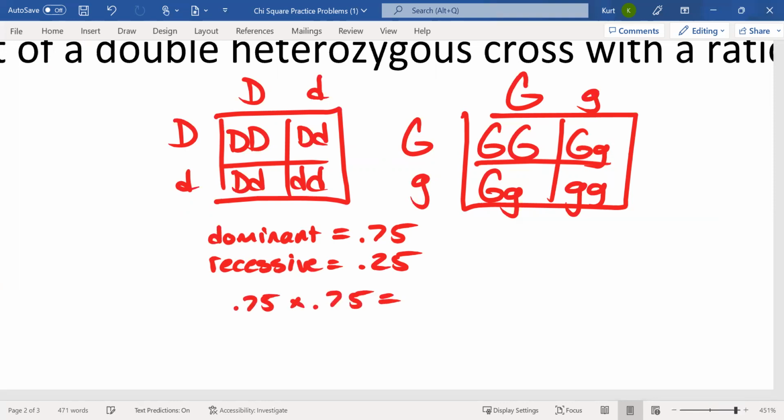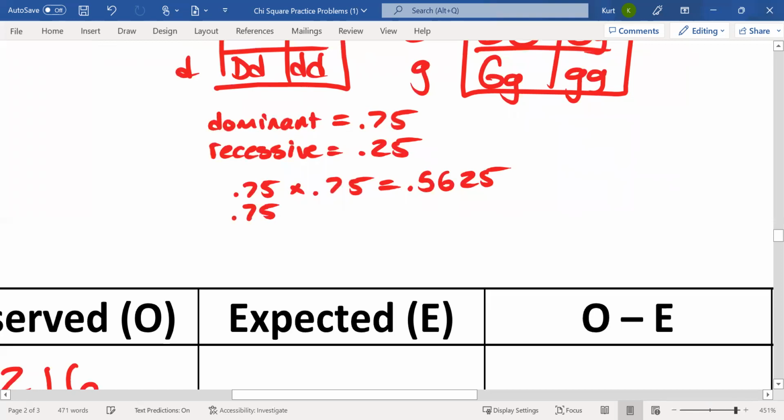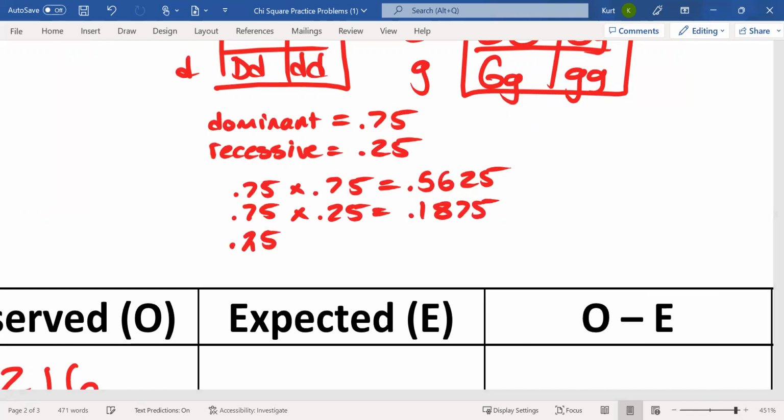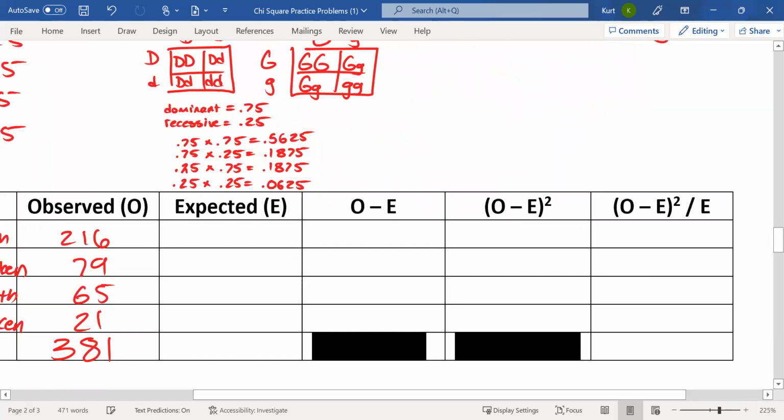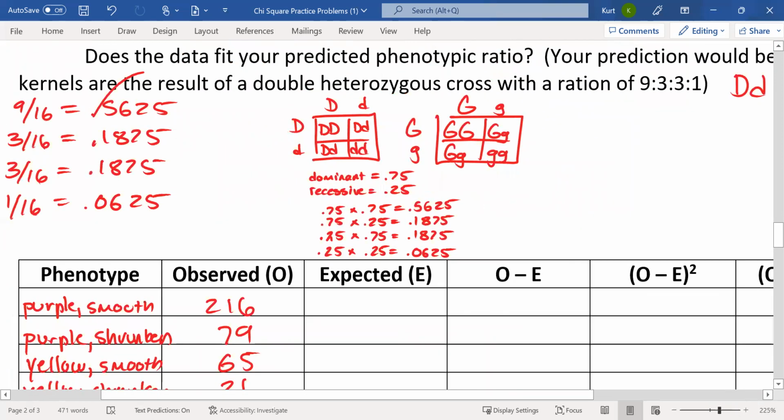What does that equal? 0.5625, same one I did earlier. Dominant to recessive, 0.75 times 0.25 is 0.1875. Recessive to dominant, 0.25 times 0.75, is 0.1875. And then recessive to recessive is 0.25 times 0.25 equals 0.0625. So no matter which strategy you wanted to do, the frequencies are the same.